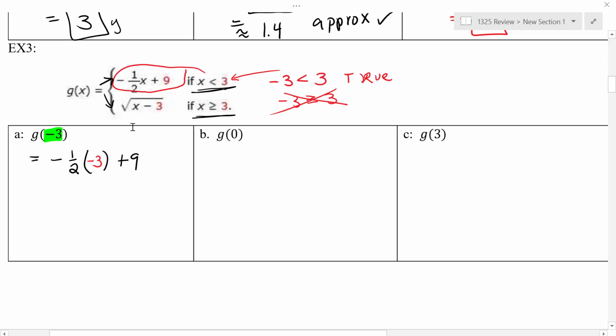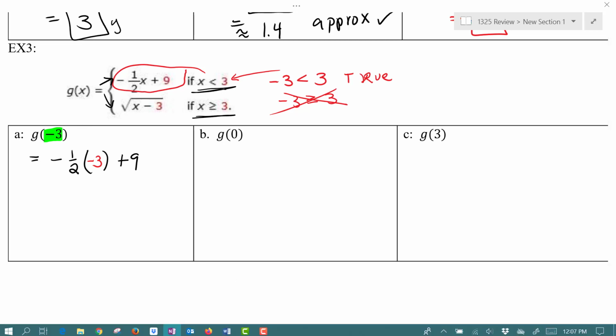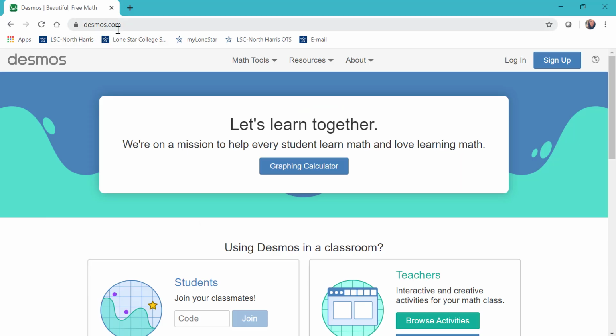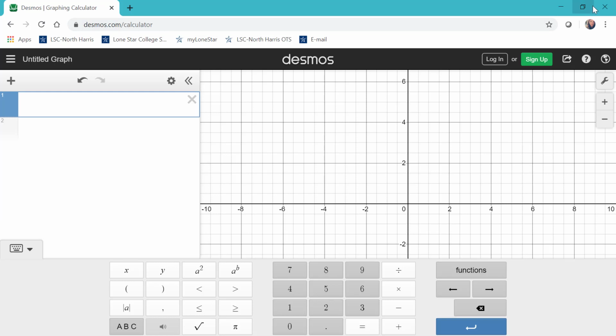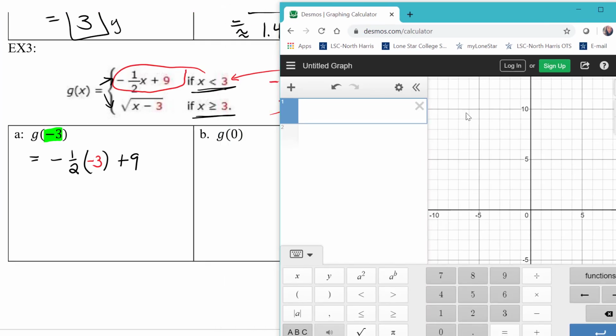So I'm going to show you this time how to do this all at one time in a calculator, and I'm going to use desmos.com. desmos.com is a free online graphing calculator that you can use on all of your exams and all of your homework if you wish. You're allowed to use any calculator that you want to, but this is a really nice one. Alright, so we want to type into our calculator negative 1/2.